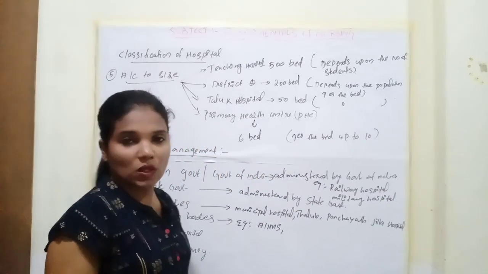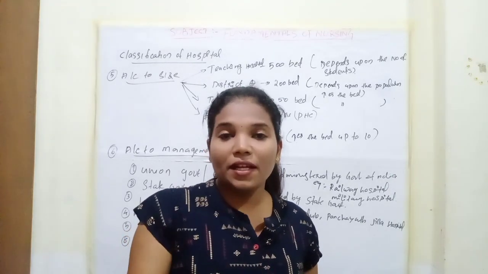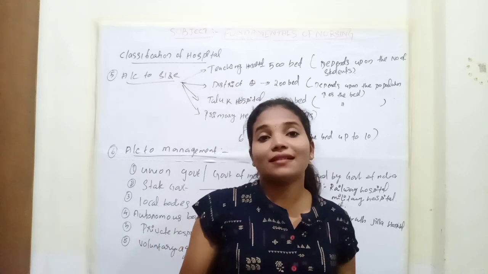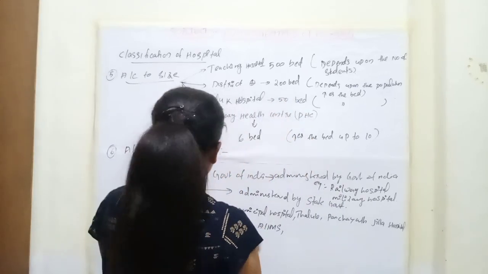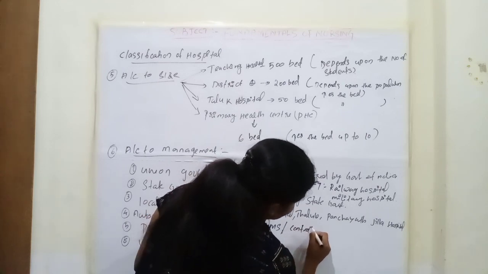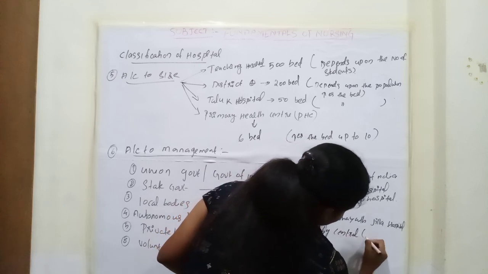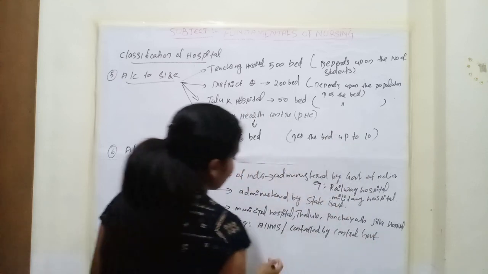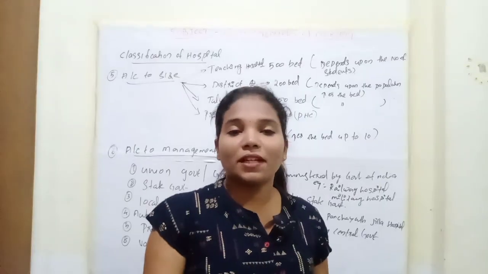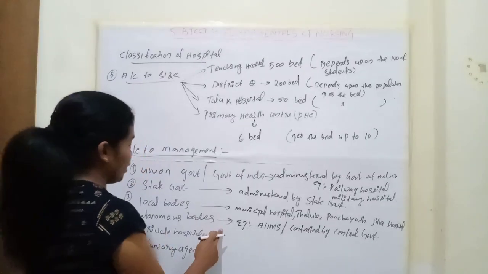AIIMS hospital is controlled under an act of parliament and state legislation, founded by the central government. So it is controlled by the central government, and we can call it an autonomous body.